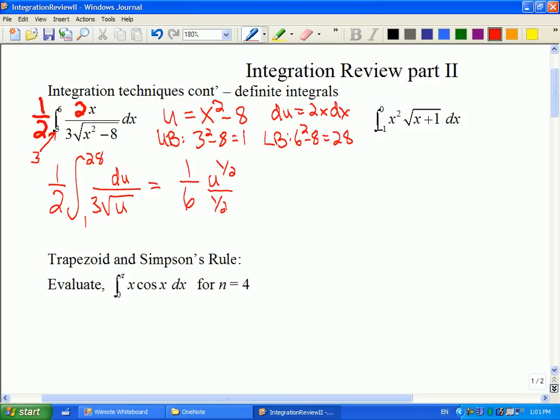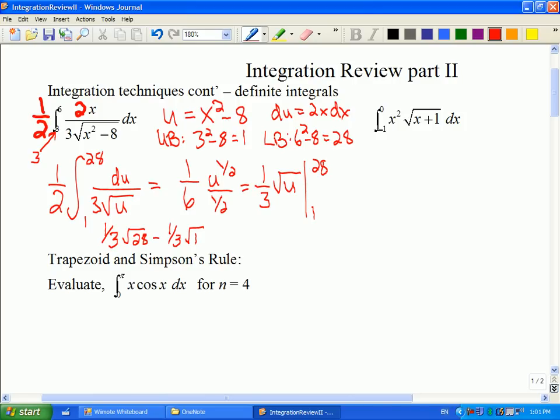So if I simplify this a little bit, I'd get 1/3 square root of u evaluated from 1 to 28. So that means I'd have 1/3 root 28, take away 1/3 root 1. Okay, so I won't take your time putting it in the calculator, but that's about what it should have looked like when we did a definite integral.